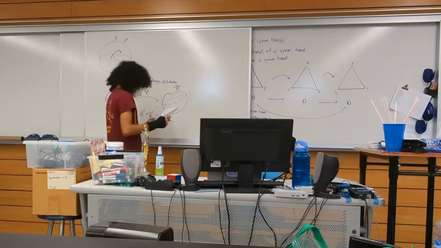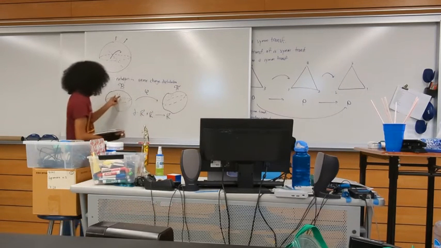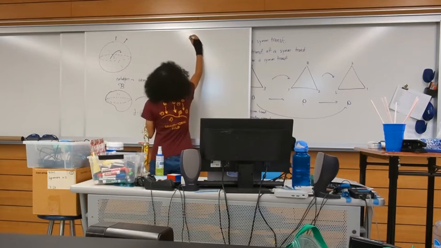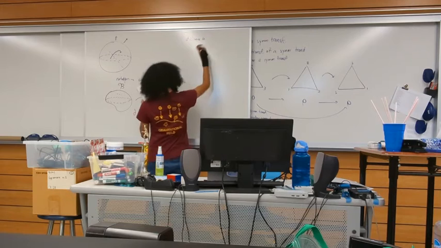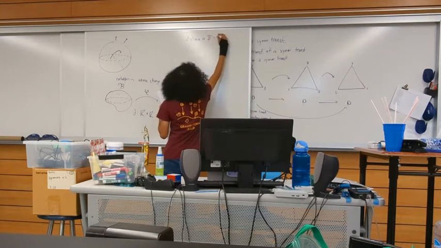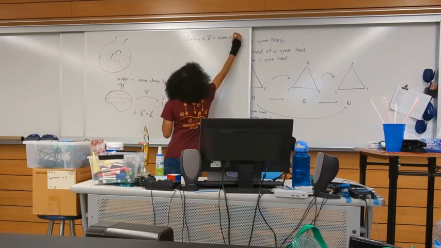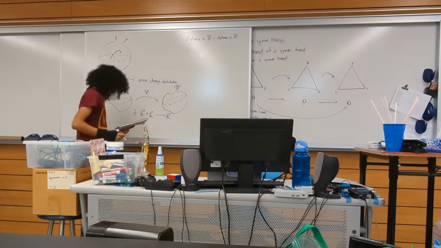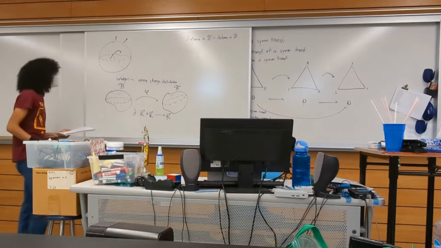Cool. If we want to say the distance between points is preserved under this transformation, so qualitatively we're saying the distance in B prime is equal to the distance in B. How do we do that mathematically?